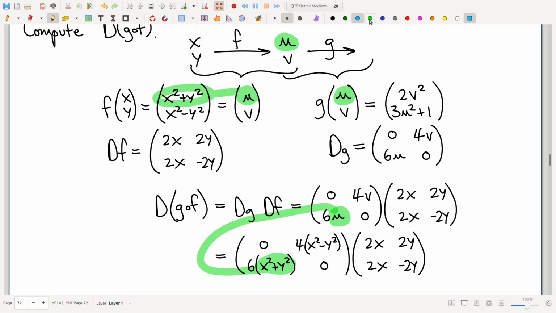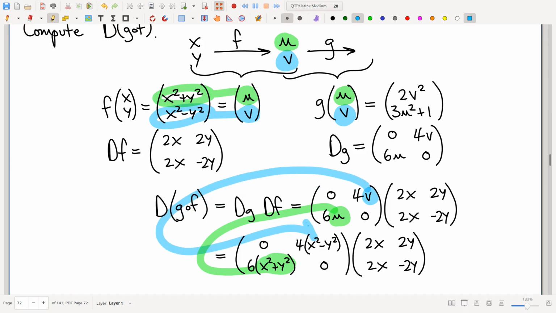Likewise, what do I do with this v here? Well, that v is the second input to g. That means it's the second output from f. And we plug in. Oh, you know, I kind of missed there. Let me do it like this. There we go. Again, plug in accordingly.